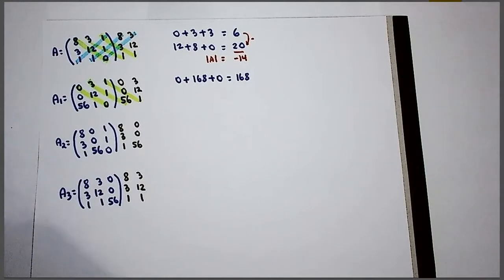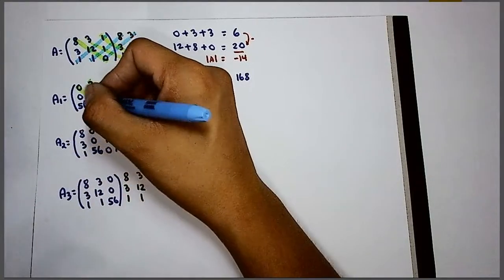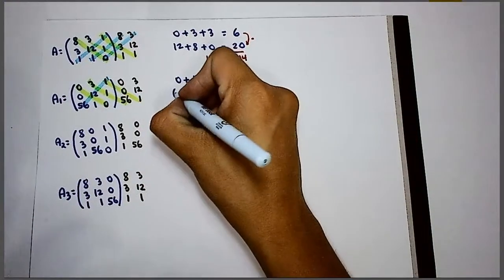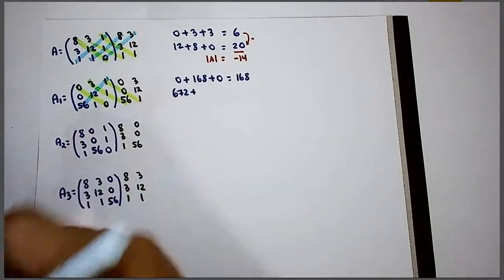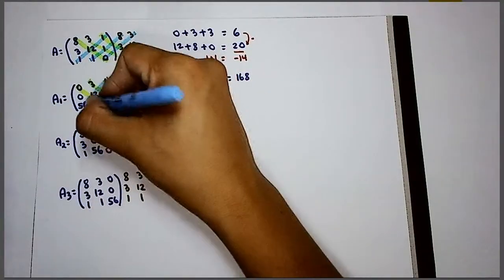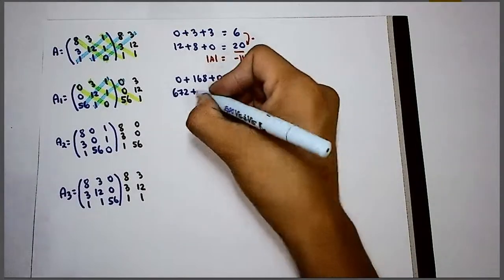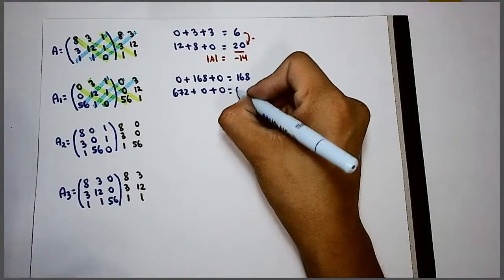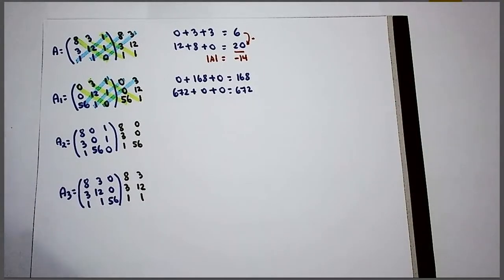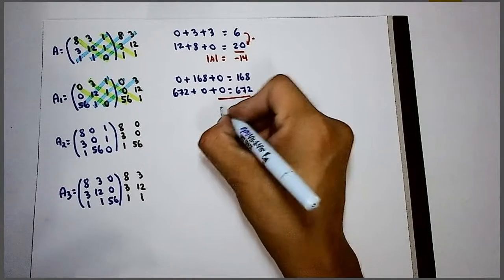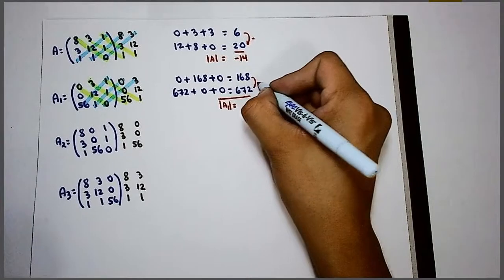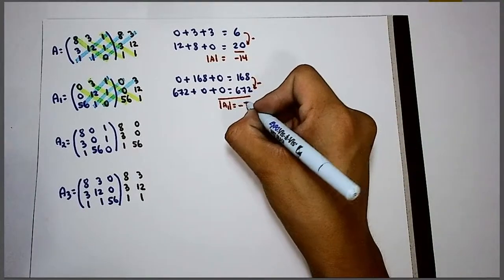Now let's continue with the anti-diagonals. 56 times 12 times 1 is 672, plus 1 times 1 times 0 is 0, plus 0 times 0 times 3 is 0. So this is equal to 672, which means that the determinant of A sub 1 is simply minus 504.